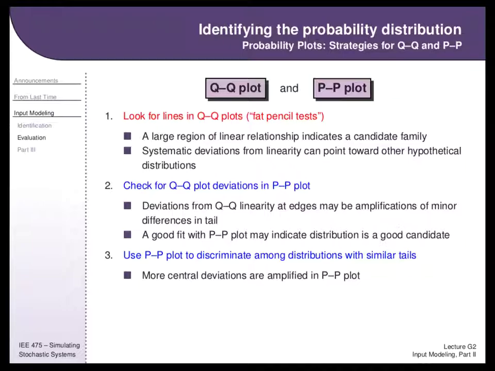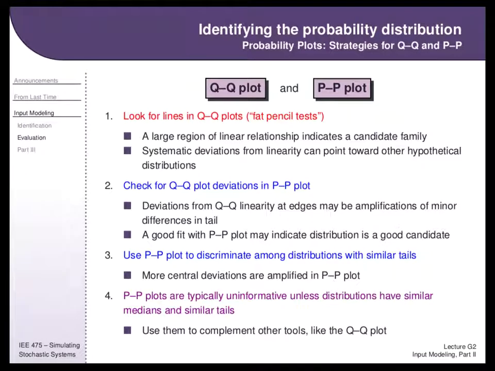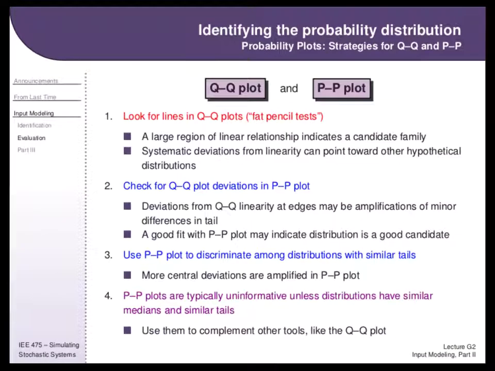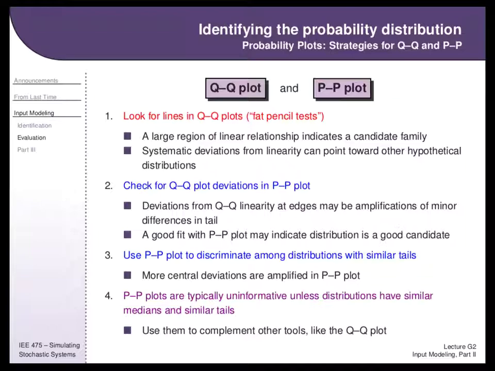If you start with a PP plot, they almost always will not agree if they're way off. They have to have a minimal level of agreement for you to even start with a PP plot. And that's why you have to do the QQ and then the PP. And then you can discriminate from there. Again, the PP plots are uninformative unless you do the QQ first. So any questions about this graphical evaluation?